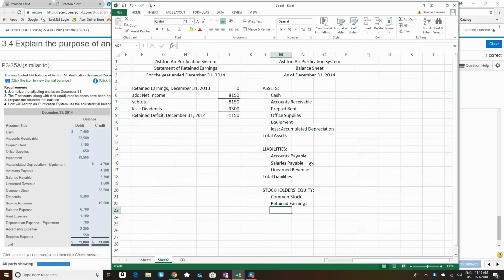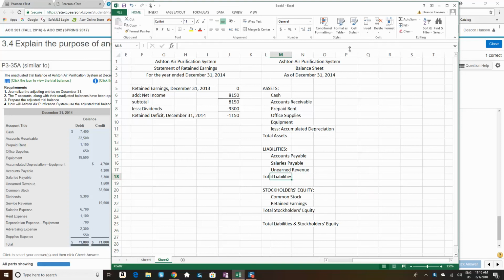Okay, then you would have total stockholders equity, and then the big total would be the combination of total stockholders equity, right, total liabilities and total stockholders equity. So you would combine this total and this total, and that should agree with what your assets are.